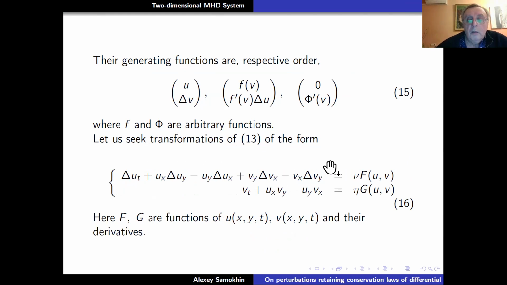Well, let us see transformations which retain something. F and G are functions of dependent variables and their derivatives. Of course, low order, because otherwise it is undescribable.